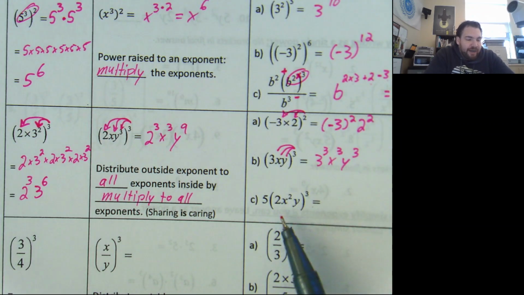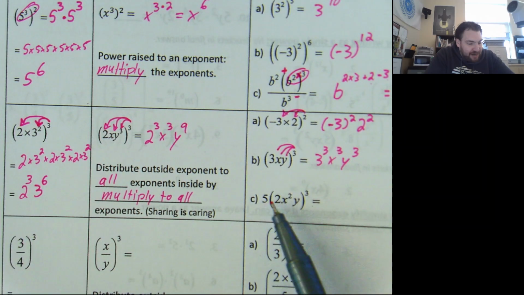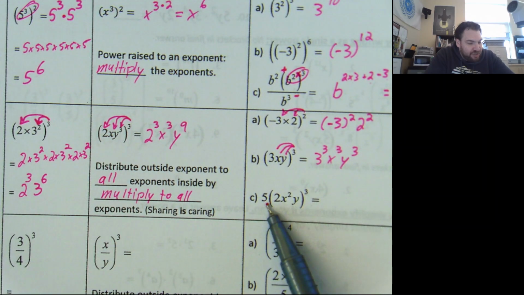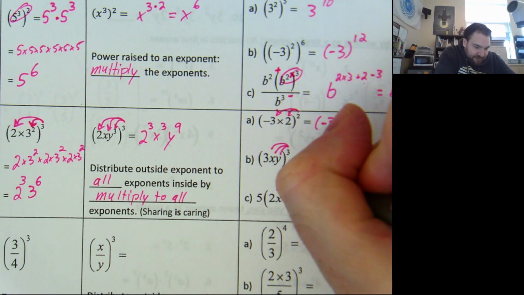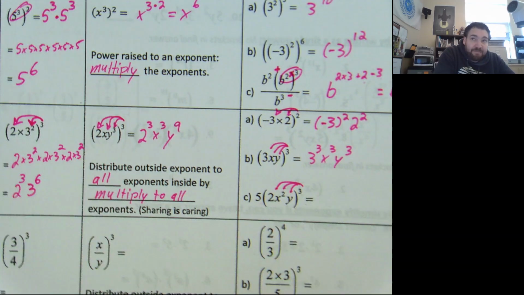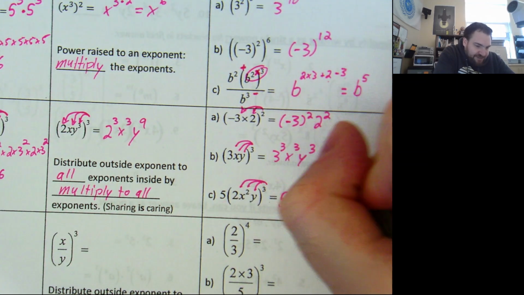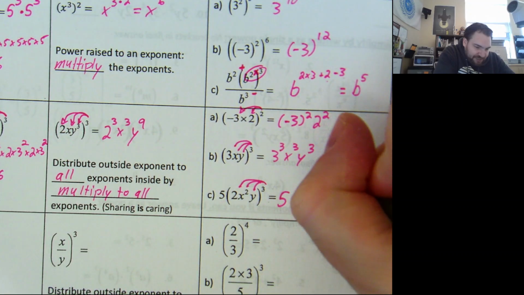Yeah. Okay, so this last example here, we've got a 5 multiplied on the outside. Because it's on the outside, the exponent does not go onto it, just what's on the inside. So this 3 goes onto the 2, the x, and the y, not onto the 5. The 5 stays where it is. The 2 becomes cubed.